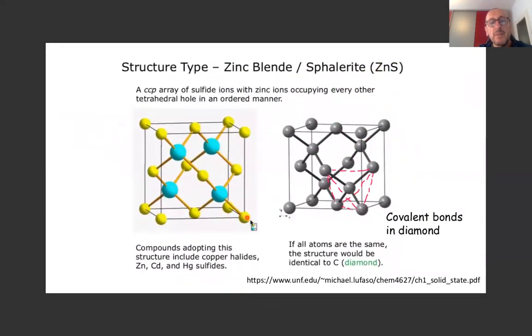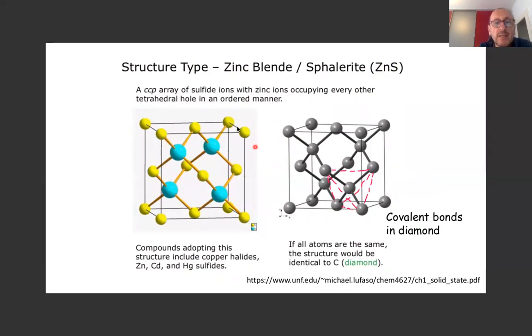This guy and these guys are in the front half of this cube, and these other two guys are in the back. If these are in this diagonal, the other ones are in the other diagonal. So you are filling completely the four spots where you can put atoms inside this thing.